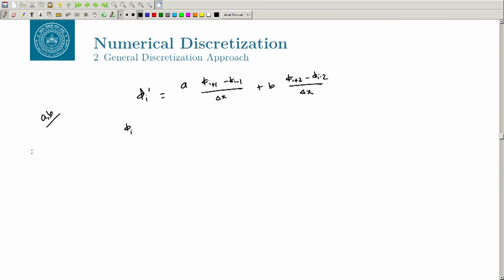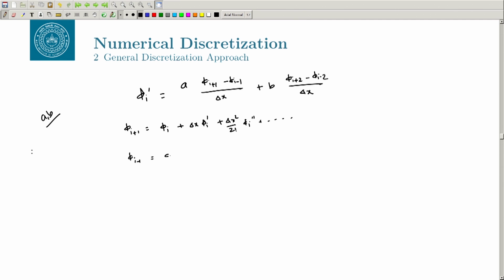You can use phi i plus 1 equals phi i plus delta x phi i prime plus delta x square by factorial 2 phi i double prime and so on and so forth.